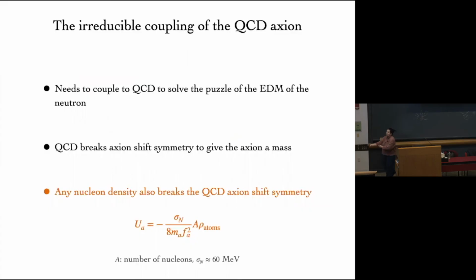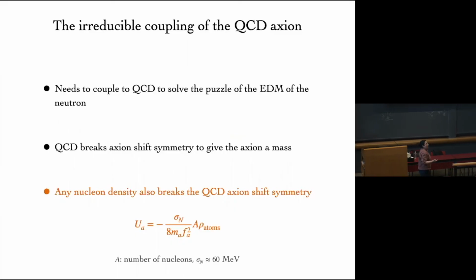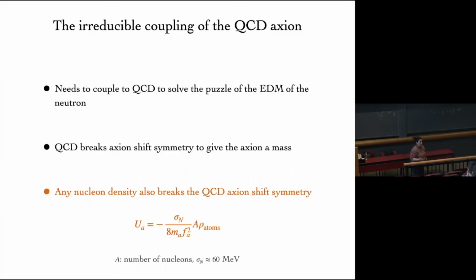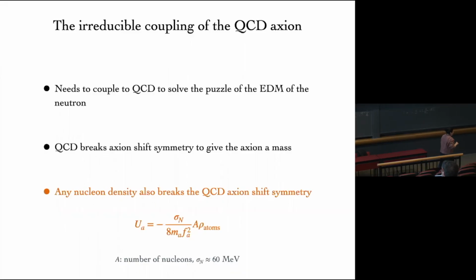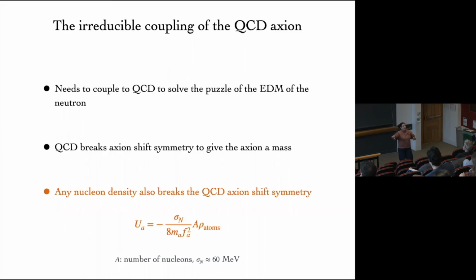Now let's go back to our sea-urchin and discuss how the QCD axion, if it is dark matter, gets affected by the sea-urchin. The important thing to note for the QCD axion is that when it goes through nuclear matter, it feels an interaction potential.